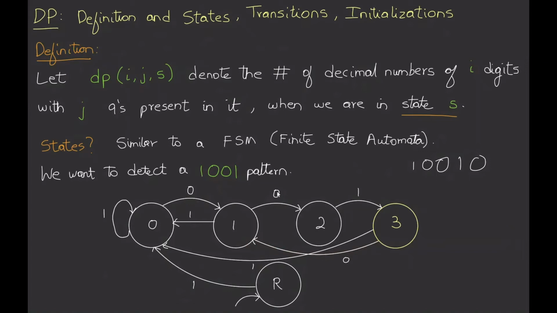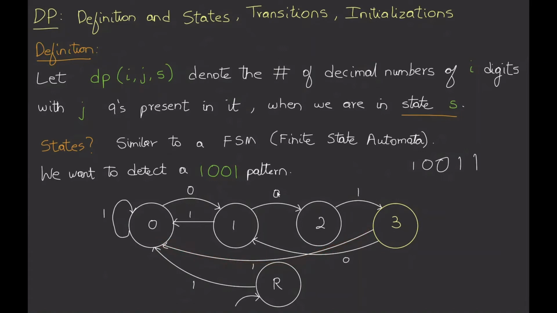Next, if you are lucky enough and if we see a 0 1 again, then from state 1 we go to 2 and then to 3 and detect another 1001. If that was not the case, let us say after detecting this one, we were at state 3, we got a 1. In that case, we can see this arrow. This arrow takes us straight back to state 0.